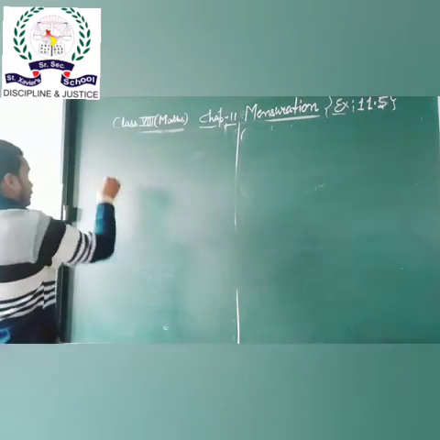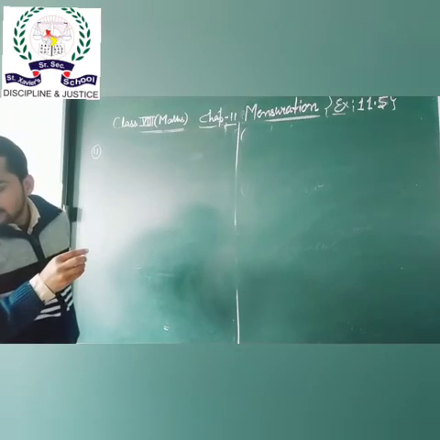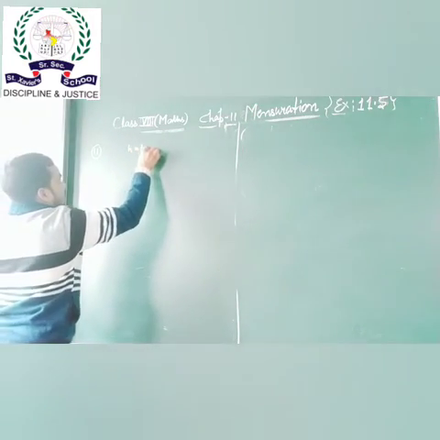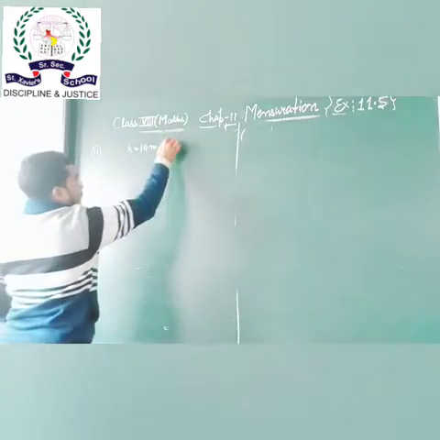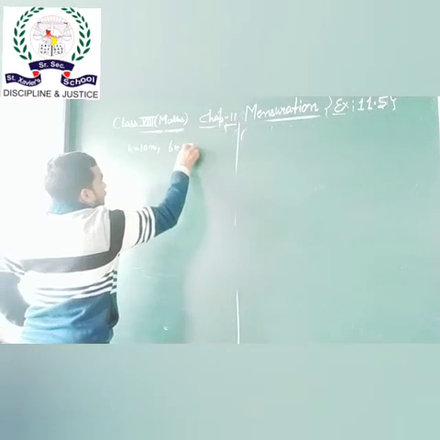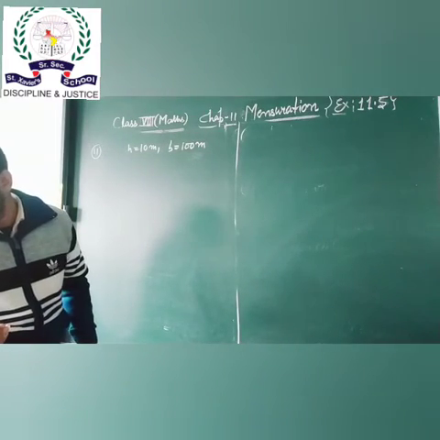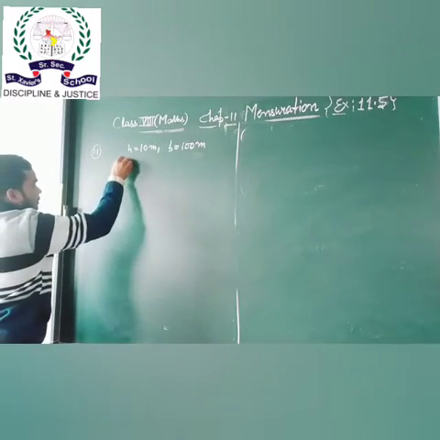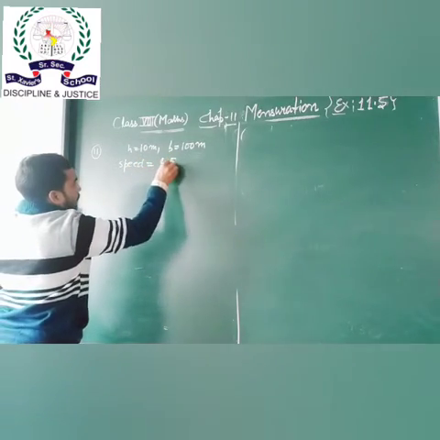Height is given, depth of river 10 meter, the height equal 10 meter, and width equal 100 meter, and the rate of 4.5 kilometer per hour. Speed of water equal 4.5 kilometer per hour.